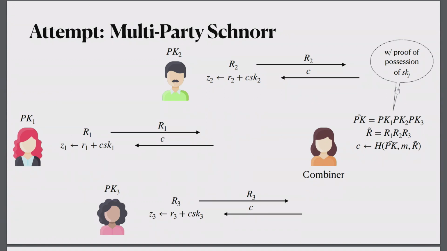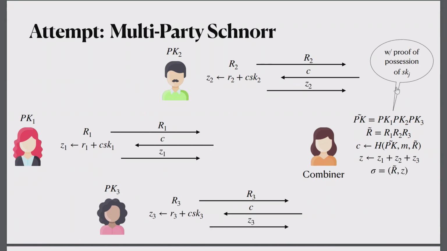Then the combiner computes this hash of the aggregate key, the message to be signed, and the aggregate nonce. Sends this value to all of the parties, and then they compute their standard single-party Schnorr, just as before. They send these values Z to the combiner, and the combiner just adds them up. So the final signature consists of the aggregate nonce and the aggregate value Z.